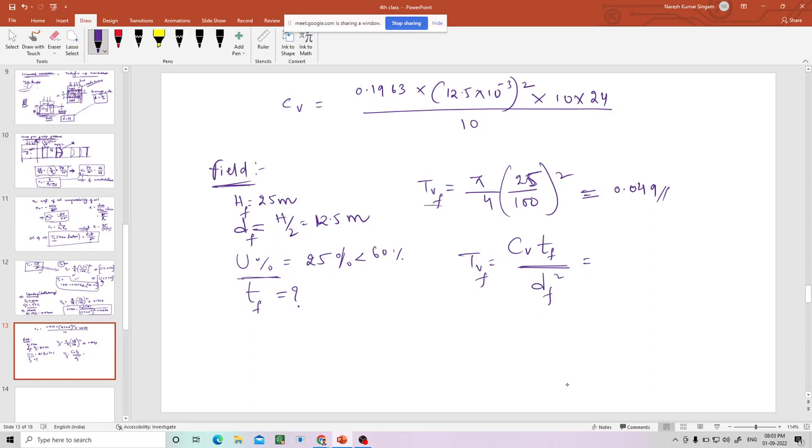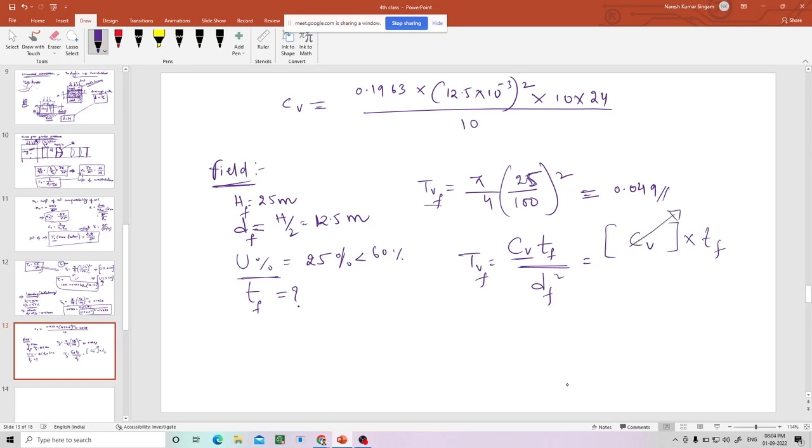So you don't know the TV value, right? But we have already calculated using the laboratory tests, and this CV will be same because CV is constant for a soil. It is not laboratory or something. Okay, now you can use this value here. So TVF, we know this value.